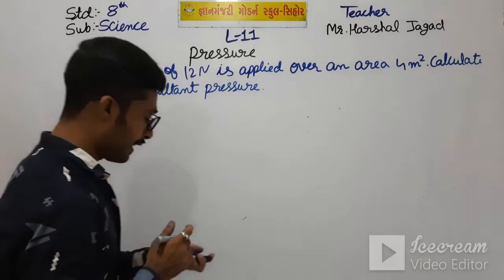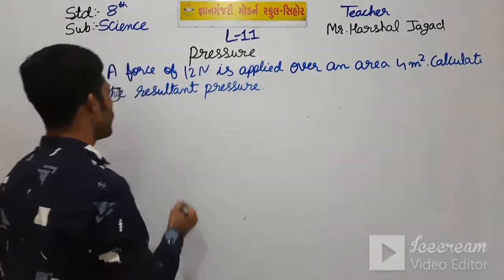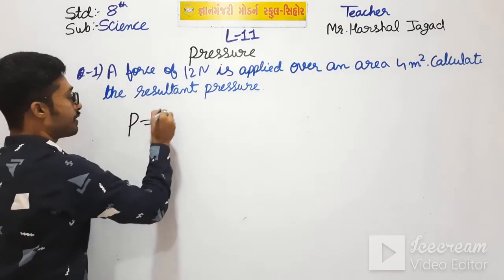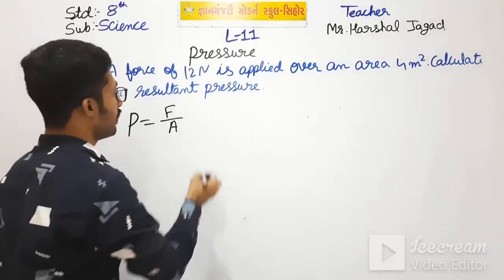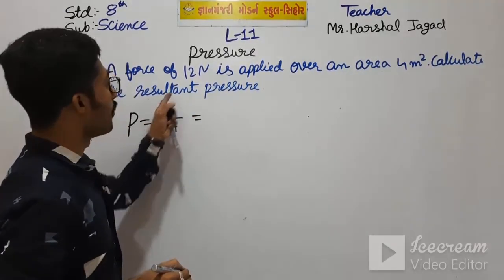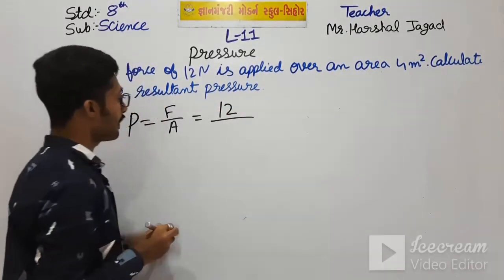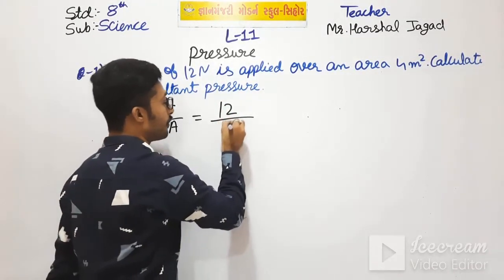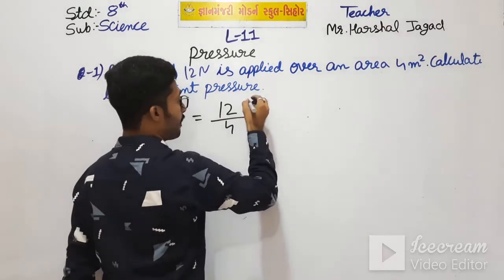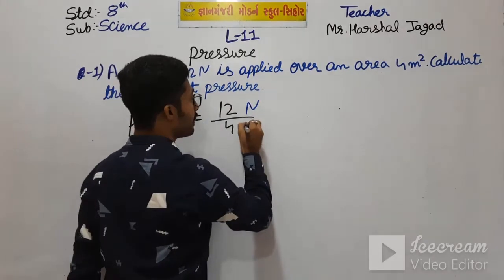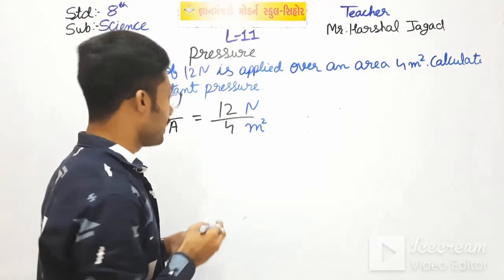So, according to the definition of pressure, we know that pressure is equal to force per unit area. Here the force is 12 Newton, and the area is 4 meter square. Okay students, here the unit is Newton and here the unit is meter square, so we don't have to change anything.